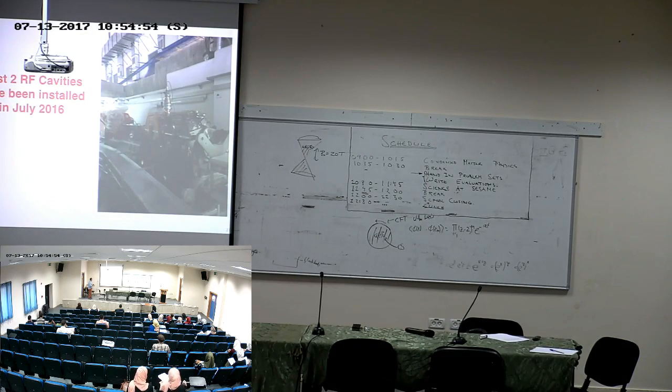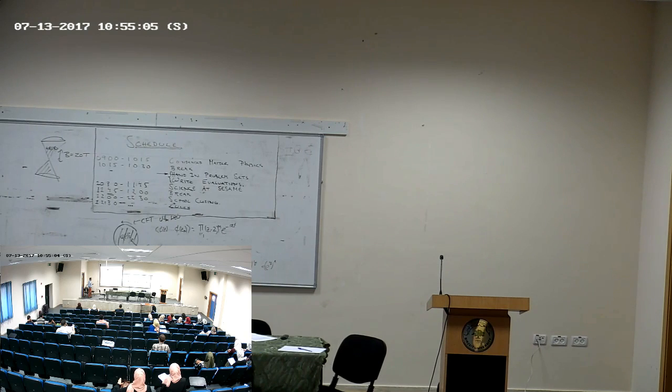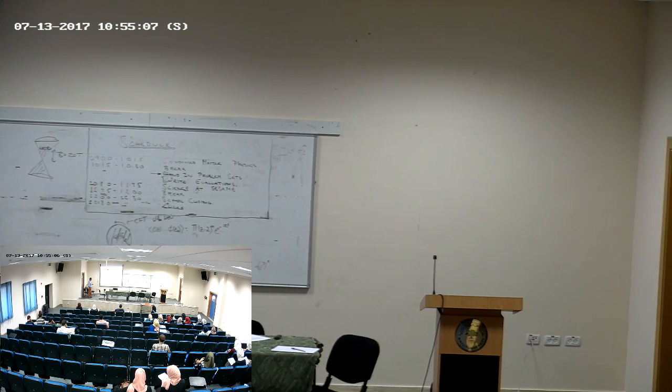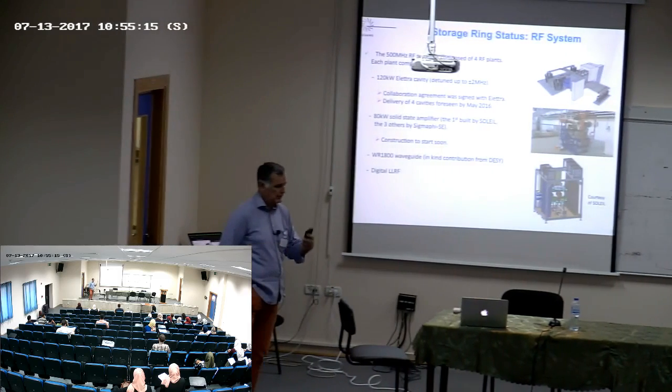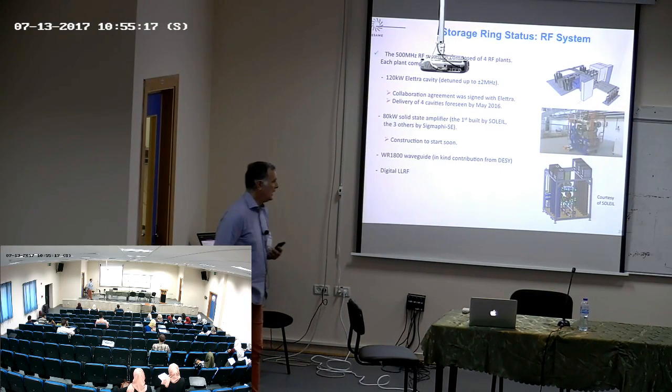and they are being tuned. Okay, these are some details about the RF power plant. We have a number of solid-state amplifiers to get the power for the RF cavities.